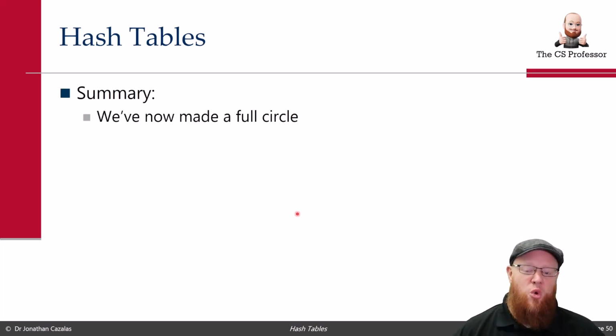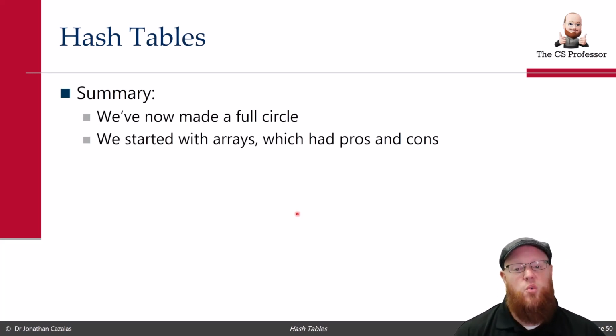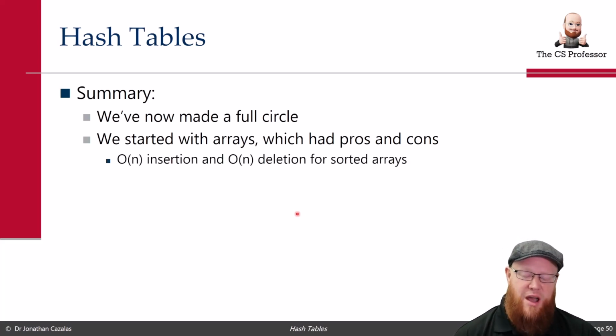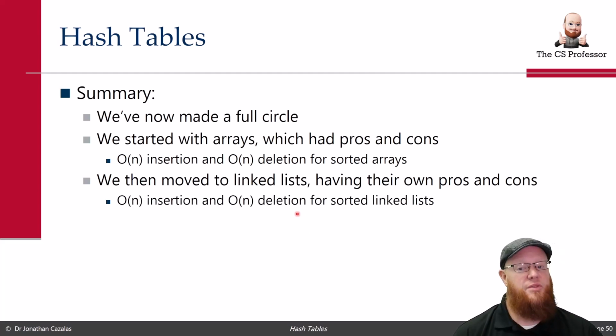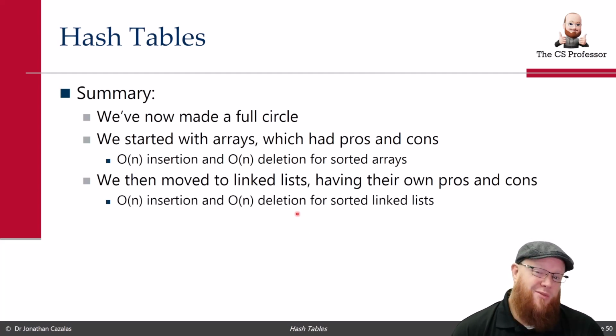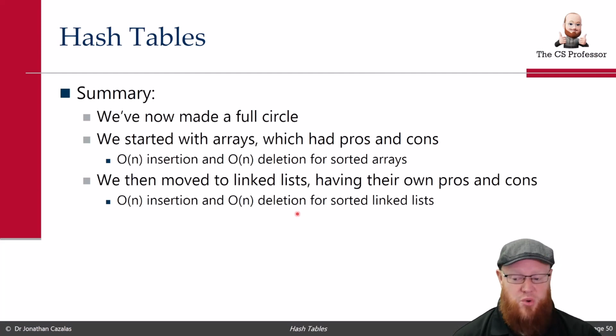Summary. We've made full circle, right? We started with arrays that had pros and cons. You had the shifting, you had O of N insertion and O of N deletion for sorted arrays. We then moved to linked lists to avoid that shifting. Linked lists have their own pros and cons. They're dynamic, but we still have O of N insertion, O of N deletion for sorted linked lists.